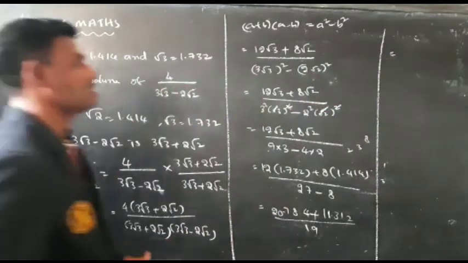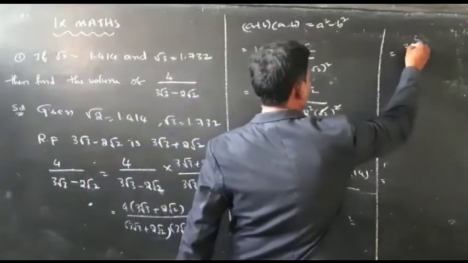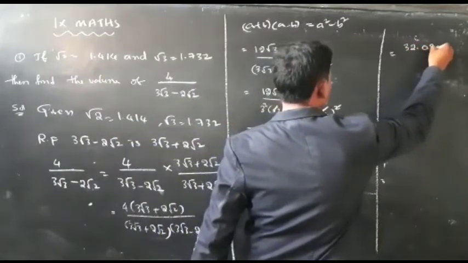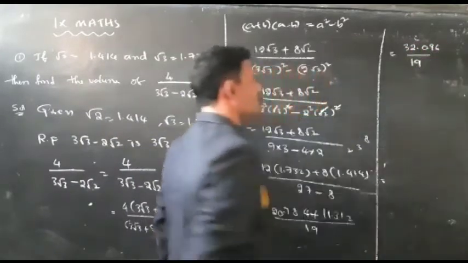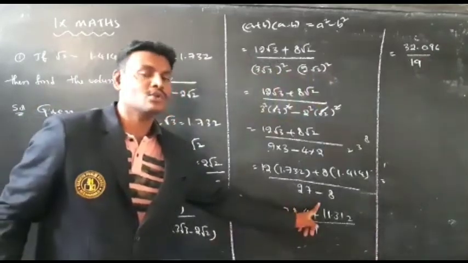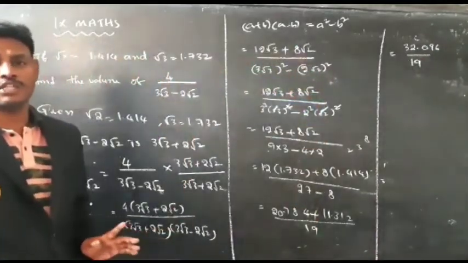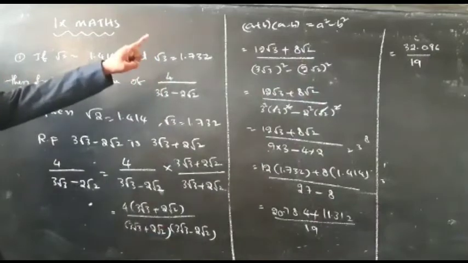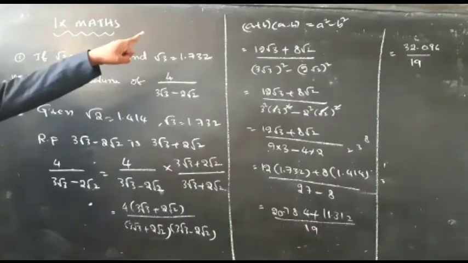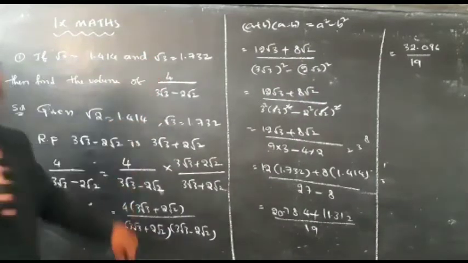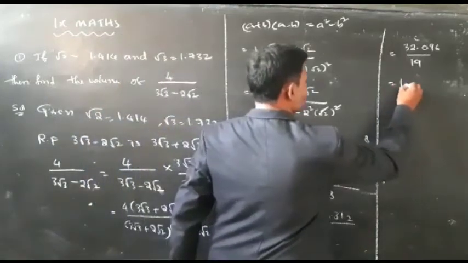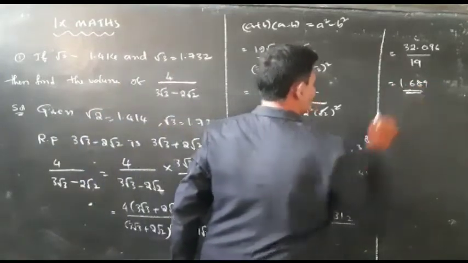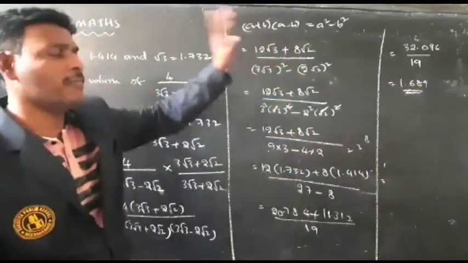You will get the answer 32.096 by 19. Then divide 32.096 by 19. You will get the answer 1.689. So the answer of the given question is 1.689.